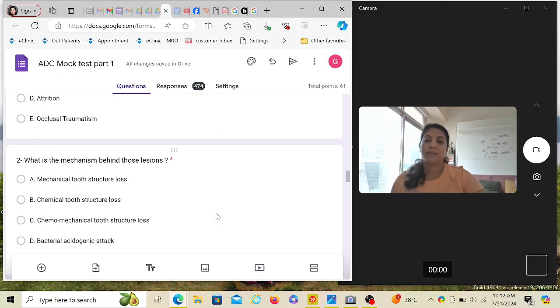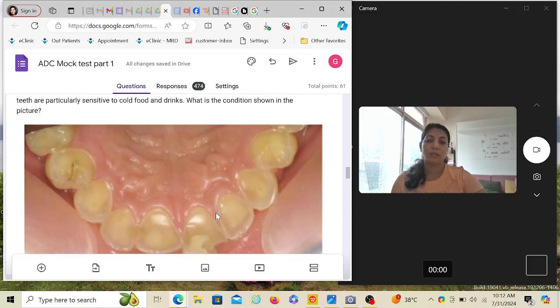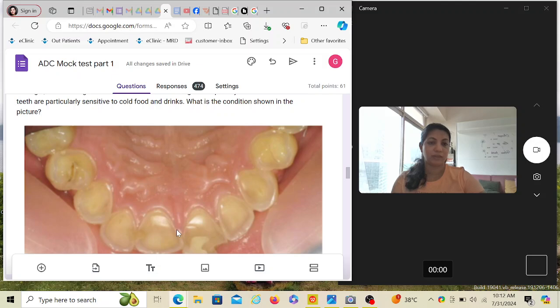What is the mechanism behind those lesions? Also, one thing you need to understand is that these pictures we have put are similar to the ones we see in the exam, okay? You cannot get the exact same picture as the exam, because of course you don't have access to their database. So these are almost 70 to 80% similar pictures. But in the exam, whatever picture has been given would be very definite, and the question would be asked according to that.